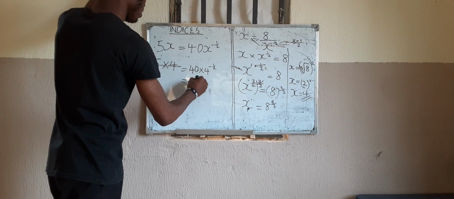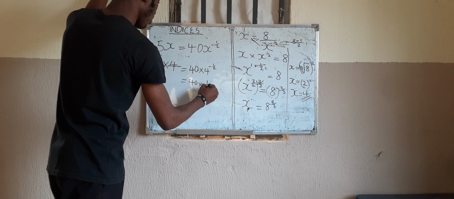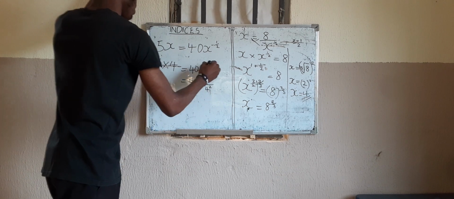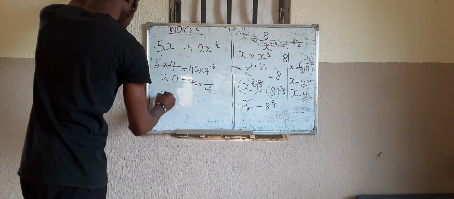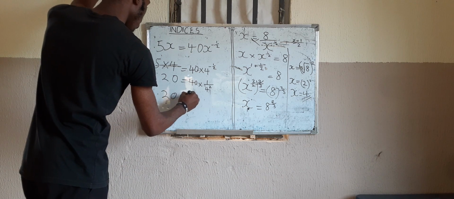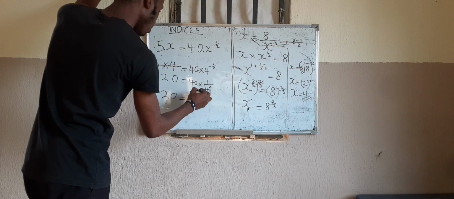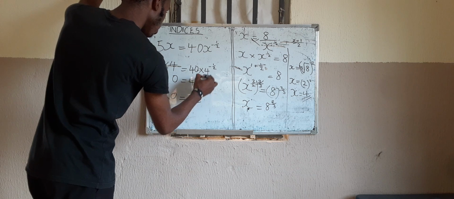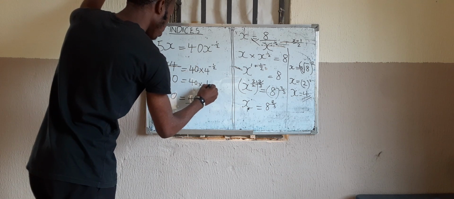So 5 times 4 is 20. Going down here we have 40 over 4 raised to the power 1 over 2.